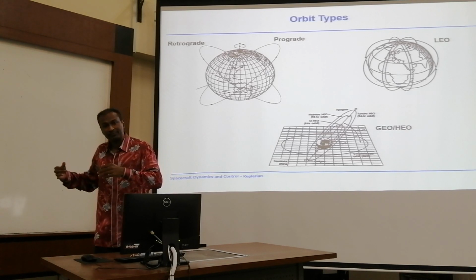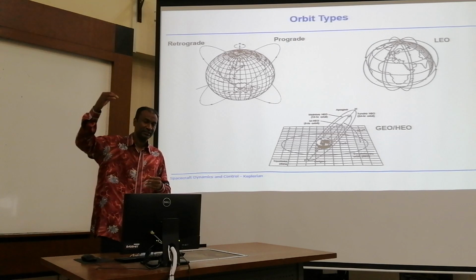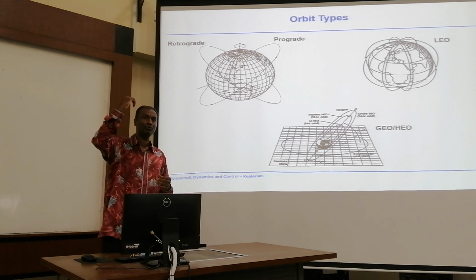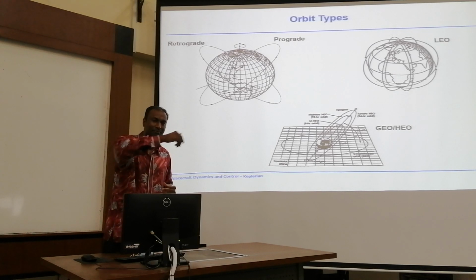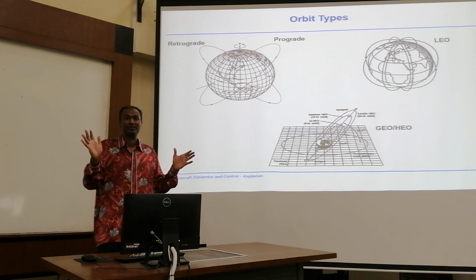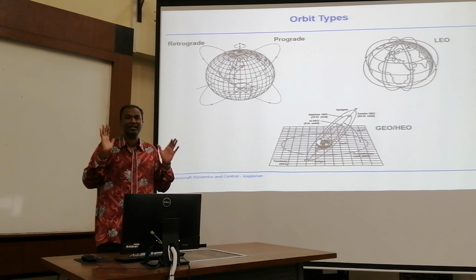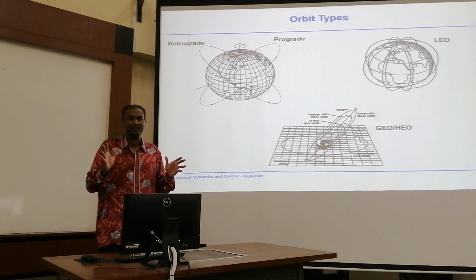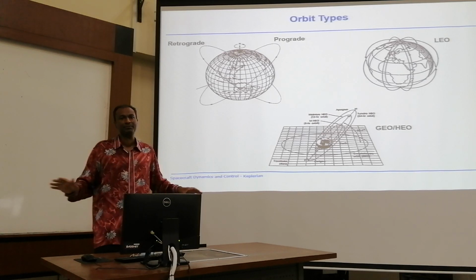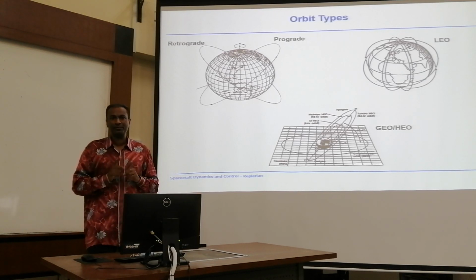From planet Earth, you fly by Venus and then fly towards Mars. Well, as far as space mechanics is concerned, it's fantastic. We can calculate the delta V needed. But don't forget, while we are flying, we also need to watch our attitude. So attitude control is mandatory regardless of the orbit types.